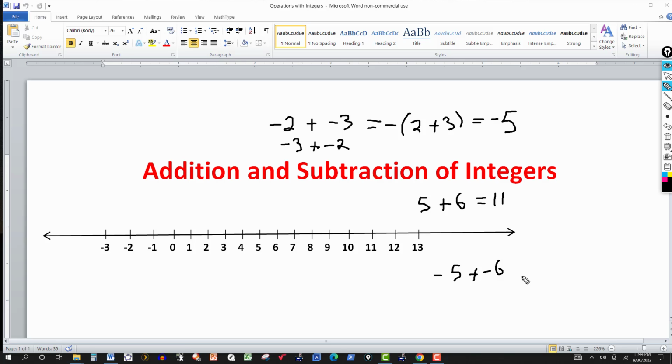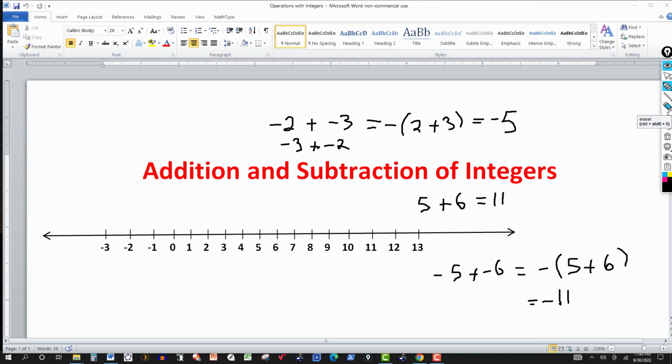How many units did we move to the left from 0? 11. And where do you wind up? On the left or the right side of the number line? If it's the left side, the answer will be negative. So in this case, of course, do it this way so it'll be clear. We're moving a total of 5 plus 6 units to the left because we have a negative. So 5 and 6 is 11. And then we bring down the sign.